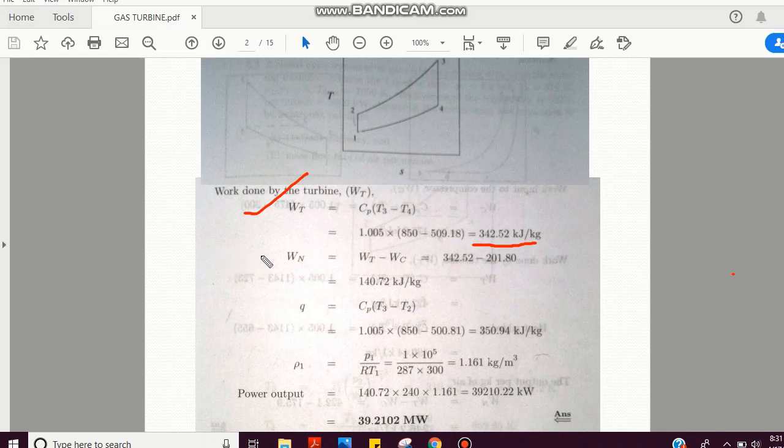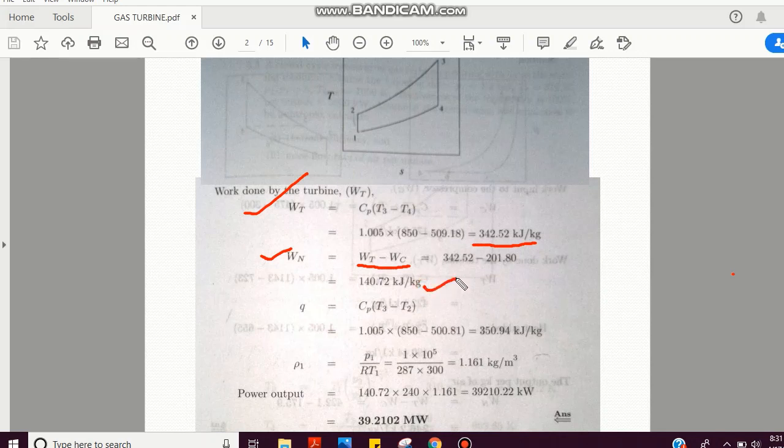So the net work done, Wn, is turbine work minus the compressor work. So that is 342.52 minus 201.80, which is 140.72 kilojoule per kg.